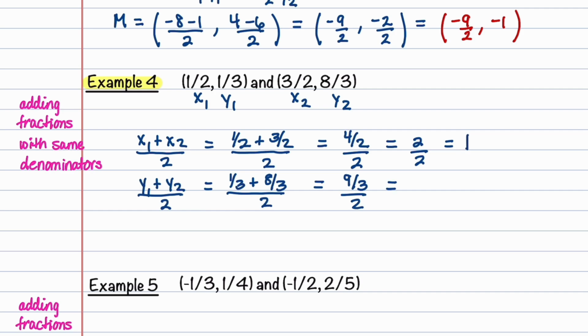We'll simplify the 9/3 first. 9 divided by 3 is 3, so we end up with 3/2. We can then write that our midpoint M is equal to 1, 3/2. I find when you work with fractions, it's easier to compute the x-coordinate and then to compute the y-coordinate.